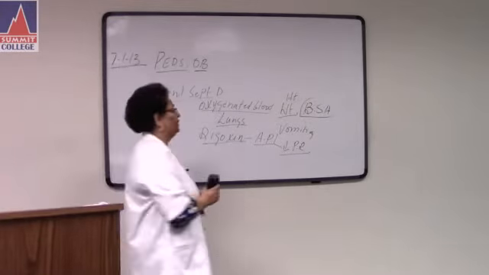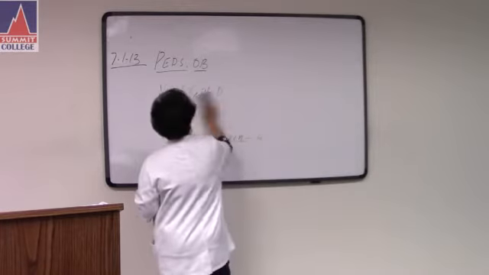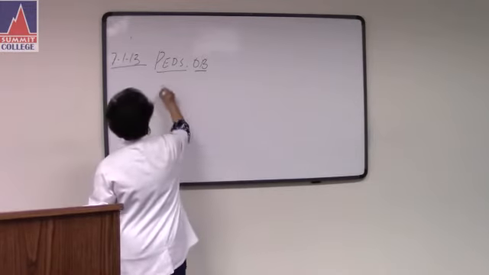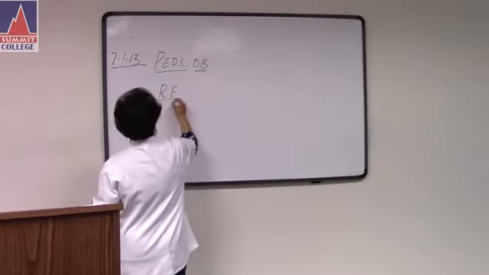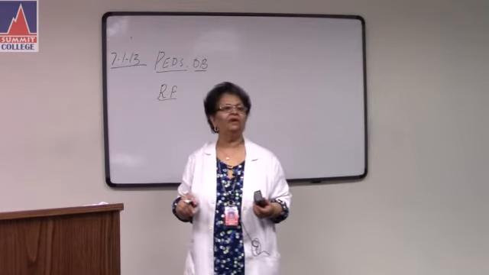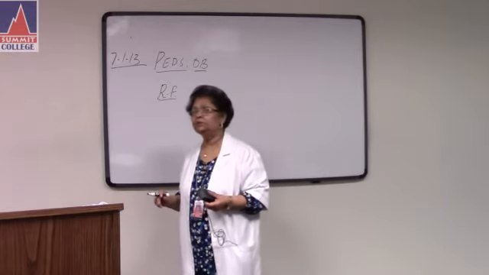Rheumatic fever is very important in the children questions. I did talk about it earlier in the medicine. So I want to highlight rheumatic fever. How does rheumatic fever come? You remember? How does rheumatic fever come here?